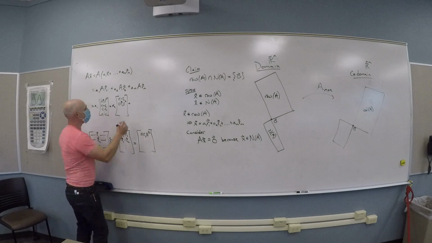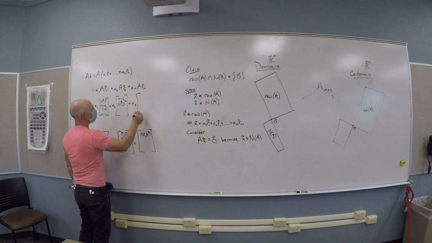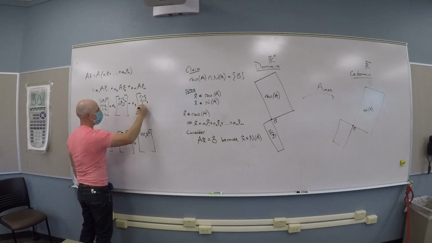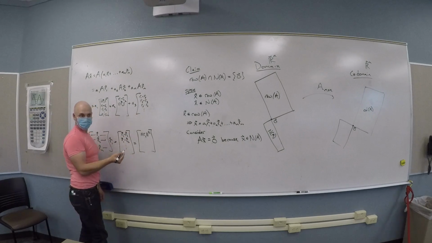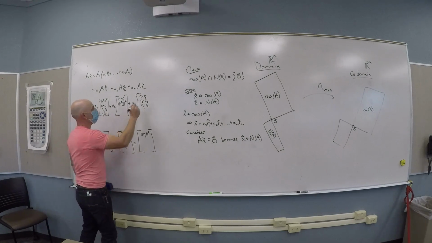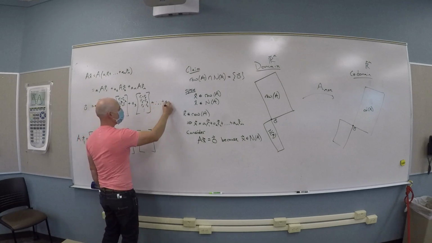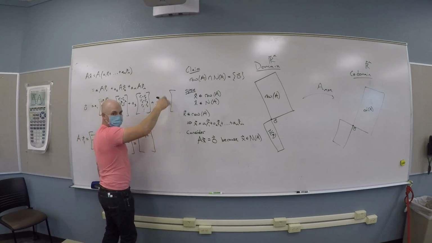So for A3, the first thing is R1 dotted with R3, the second is R2 dotted with R3, the third is R3 dotted with R3, and so forth, right? Then we'll have a plus, and we'll have an AM, and here we'll have a very similar thing.